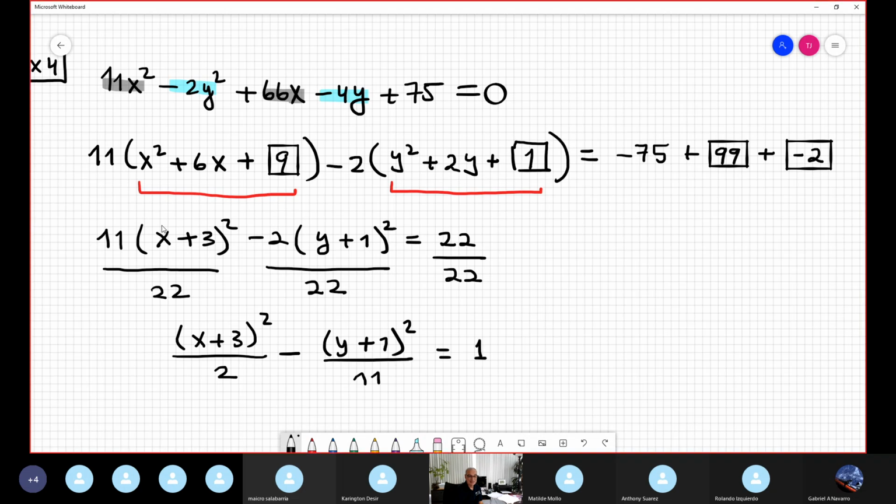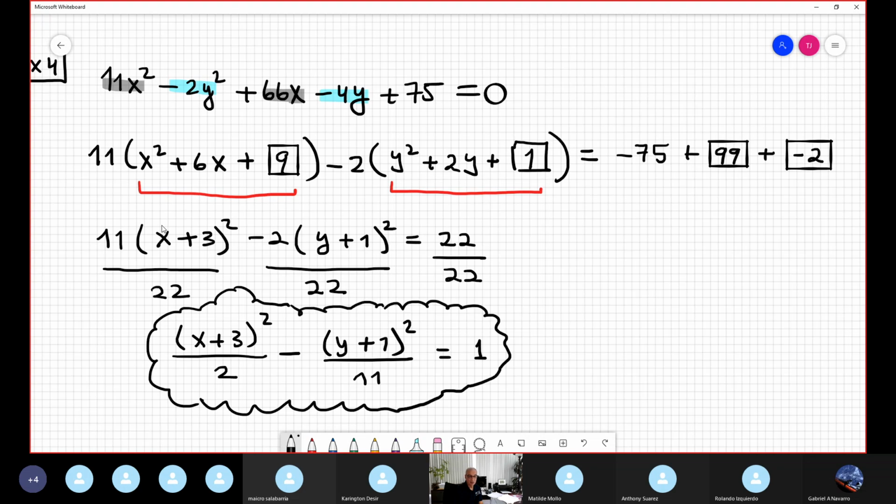So (x plus 3) squared over 2 minus (y plus 1) squared over 11 equals 1. Fantastic. This new equation is now expressed in the very well-known standard form of the hyperbola, and by the way, it is 100% algebraically equivalent to the original ugly one.